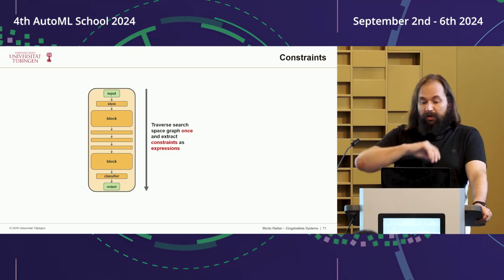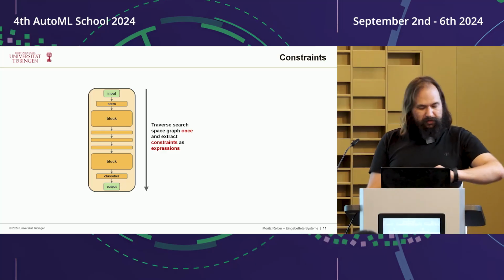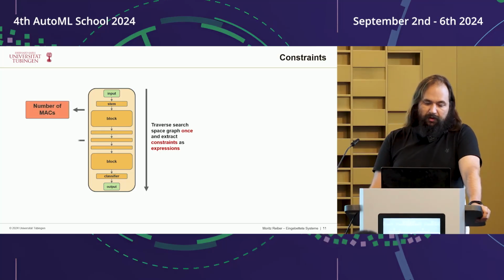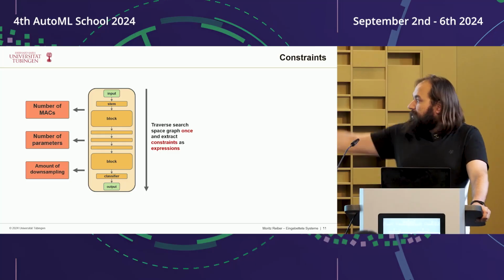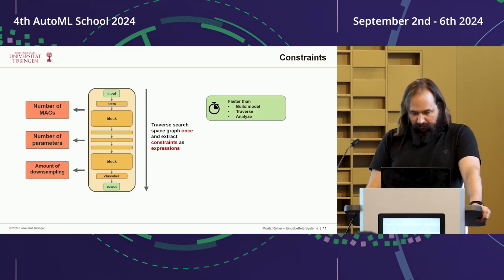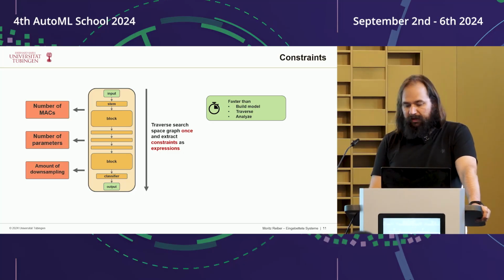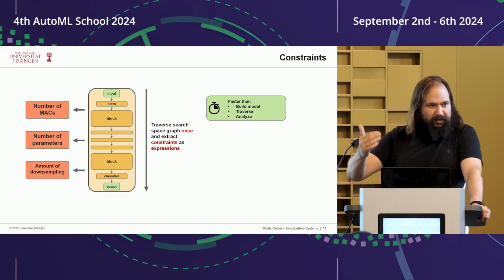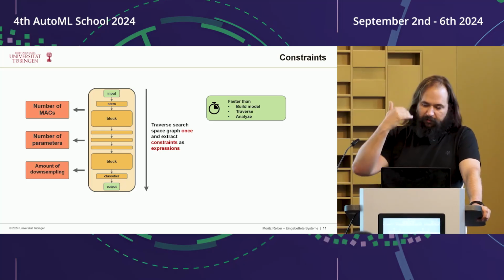Constraints can also be derived for a whole lot of other parts of the neural network architecture graph, for example the number of multiply accumulates, the number of parameters, the total amount of downsampling the whole neural network does, and so on. They are all evaluated symbolically, so they are faster to evaluate than even building the model and then traversing, for example, a PyTorch graph.